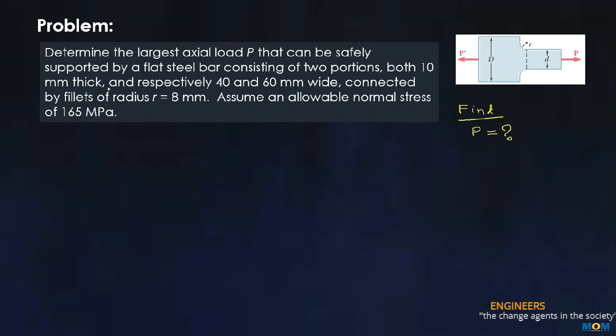that can be safely supported by a flat steel bar consisting of two portions. One has this cross section, the other has this cross section. Both have 10 millimeter thickness, and respectively 40 and 60 millimeter width.